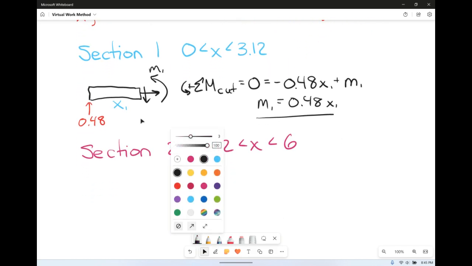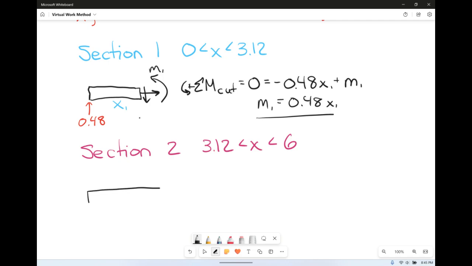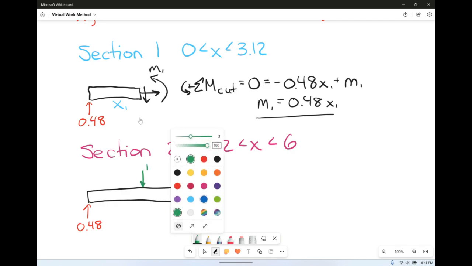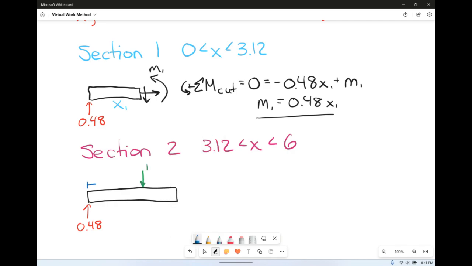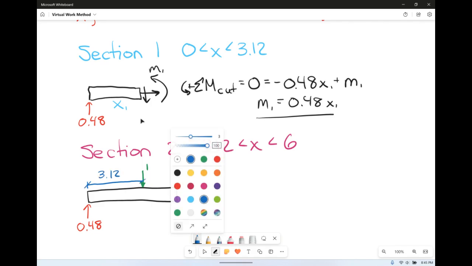So we're going to redraw our little beam. Our little beam still has AY. AY we said was positive 0.48. This time we have a point load down of 1. And don't forget that its distance was 3.12.